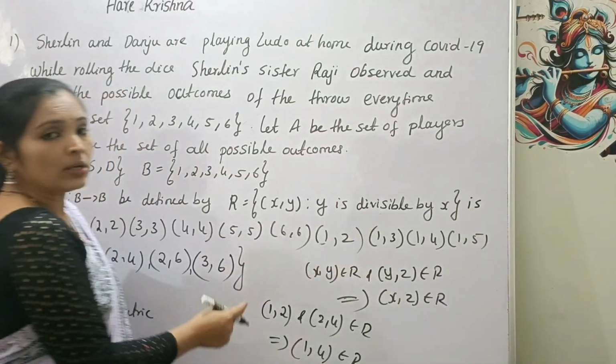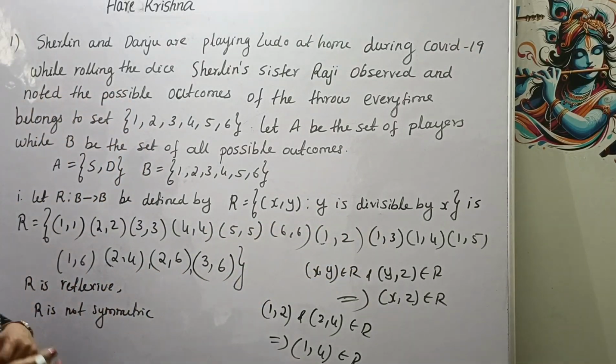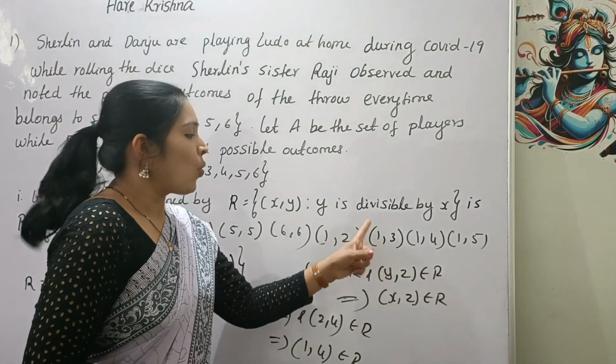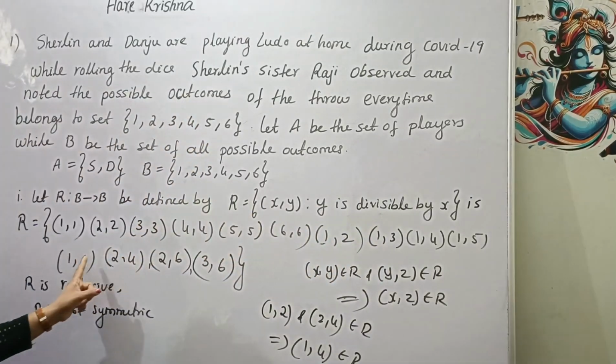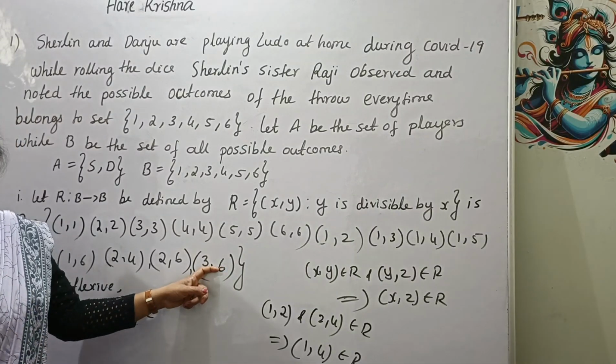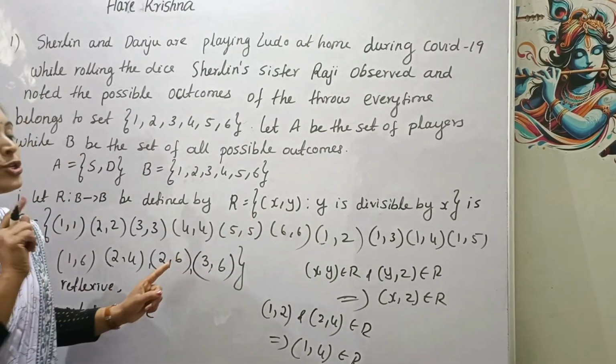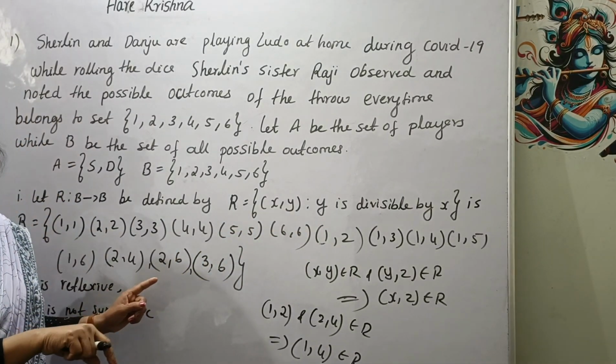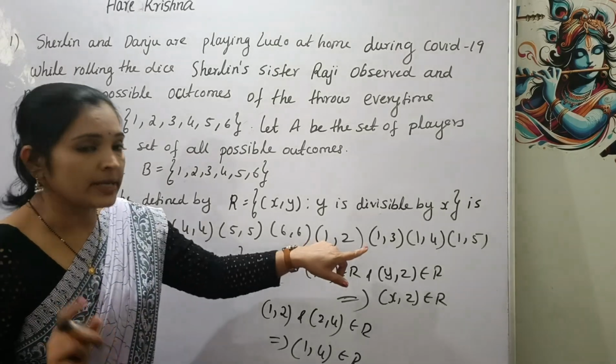Next, let's take another element: (1,3) belongs to R and (3,6) belongs to R. Then (1,6) should be in this R for transitivity.